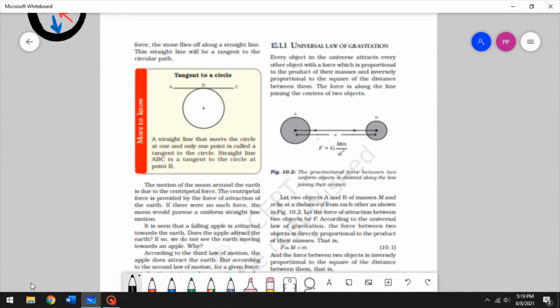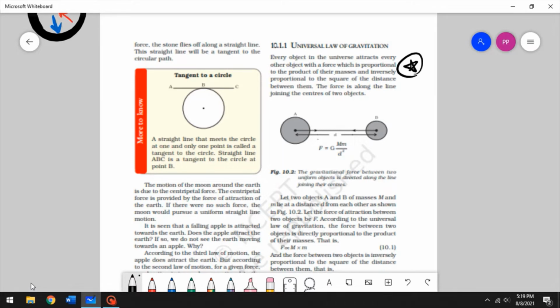Alright, so the universal law of gravitation says that every object in the universe attracts every other object with a force which is proportional to the product of their masses and inversely proportional to the square of the distance between them. This is a very important law that you need to memorize. This is one of the few laws that you are supposed to memorize because it's very important. There's not much modifying that you can do here other than just change the order of proportions.